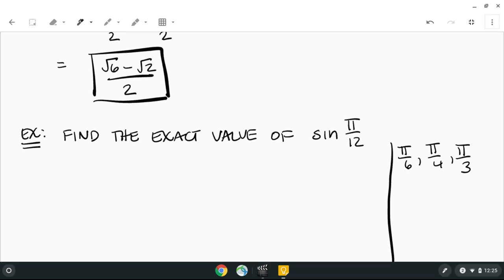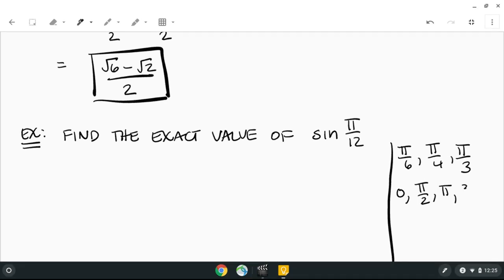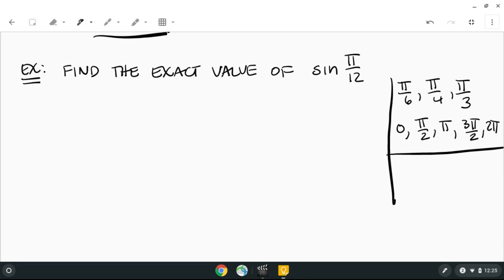Okay, so it would be helpful, and here, let's also put the quadrantal ones: 0, pi over 2, pi, 3 pi over 2, and 2 pi. Okay, so it might be helpful to rewrite all of these so that they all have the same denominator. So the common denominator here for all of these would be 12.